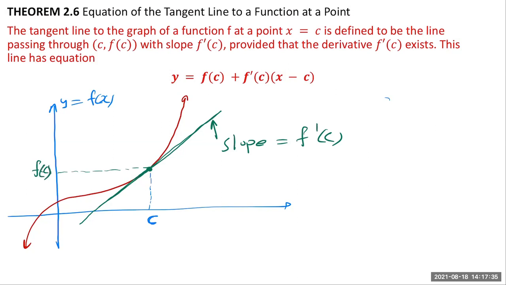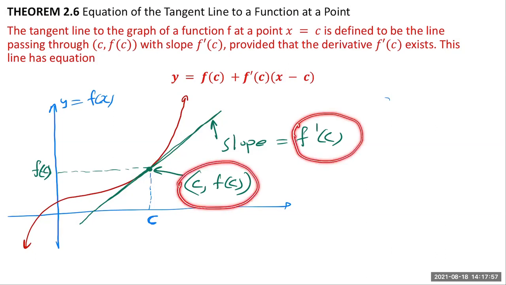That means this point is nothing but (c, f(c)). What I am interested in is to find the equation of this tangent line. Can I find it given this information? I know the slope, I know a point that it passes through.